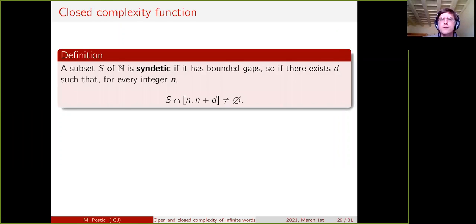Now I would like to state it in a bit more general way than we were actually able to prove it. Without changing much the proof, we were able to prove it in the case of closed complexity bounded on synthetic sets. So what is a synthetic set? A subset of N is said to be synthetic if it doesn't have two wide gaps in it, so if it verifies this property for an integer d.